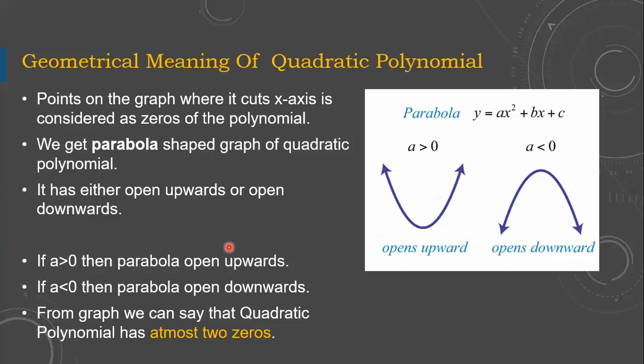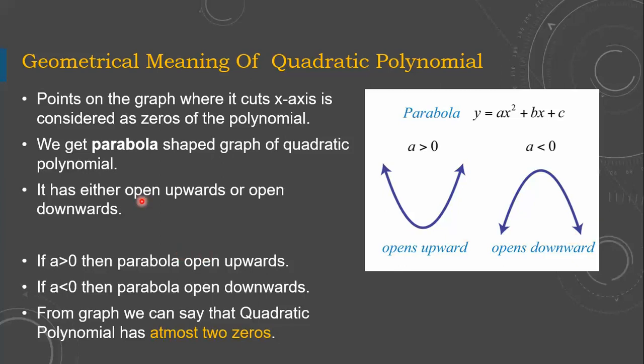Okay, and if the value of this coefficient a is less than 0, means it becomes negative, minus 1, minus 2, minus 3, and so on, if any negative number is there at the place of a, then this parabola opens downward.